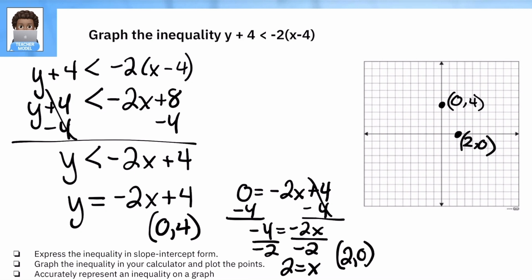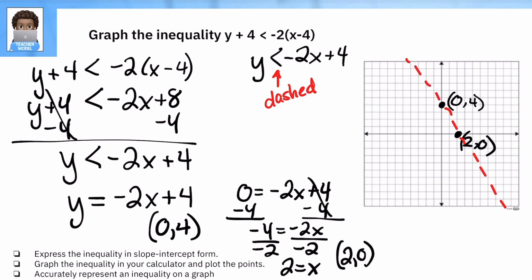So first question, looking at this equation, which I'm going to write here, what do we know? Is it going to be dashed or solid? Because this is not underlined, it's going to be dashed. There we go.